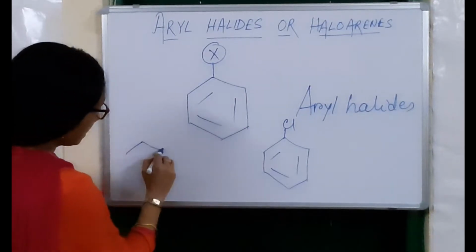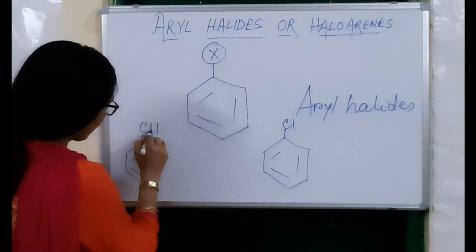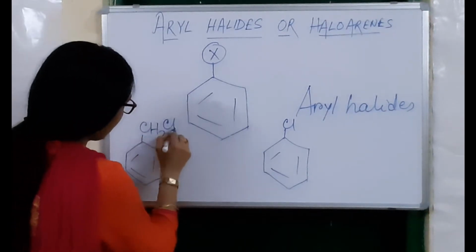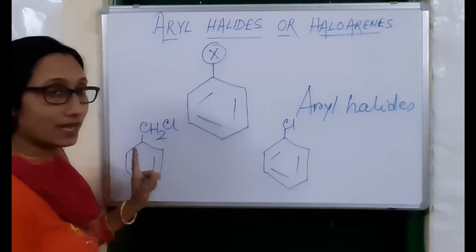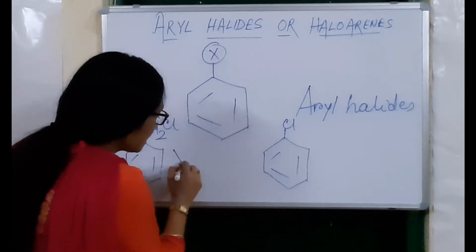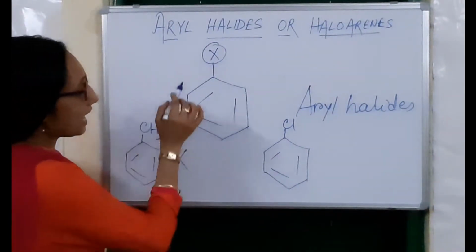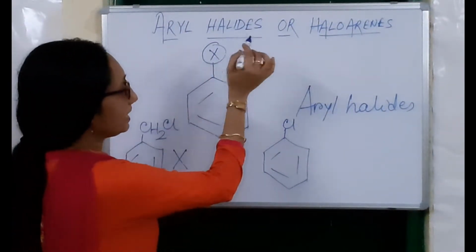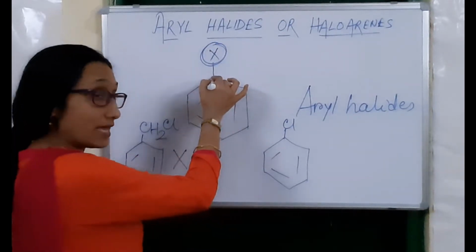Now, what about this compound? Is this an example of haloarenes or aryl halides? No, this is not haloarenes or aryl halides. See, in haloarenes or aryl halides, the halogen is directly connected to the benzene ring.